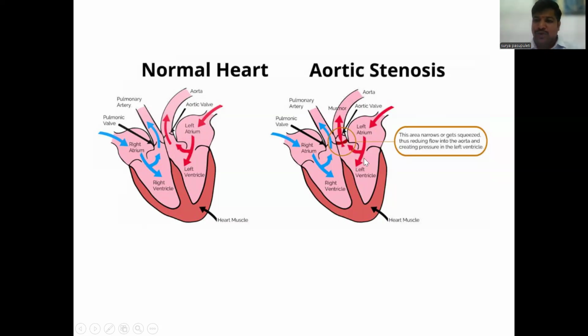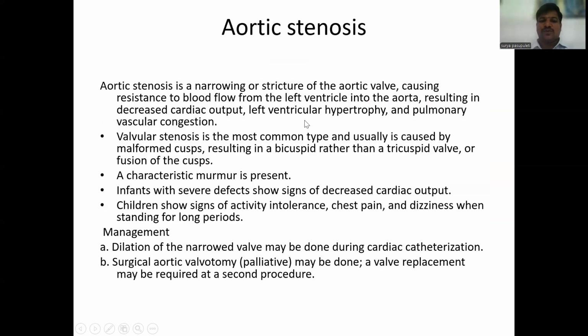It does not allow free movement of blood from the left ventricle to aorta. So this valvular stenosis is the common type, usually caused by malformation of the cusps. The semilunar cusps will not be formed clearly. And this also has a characteristic murmur.